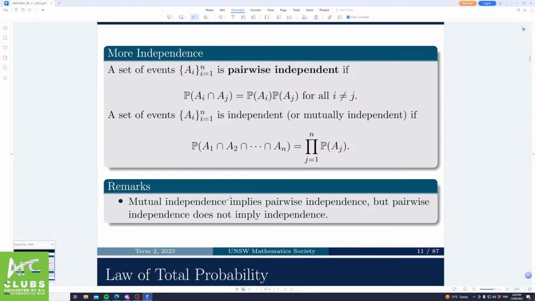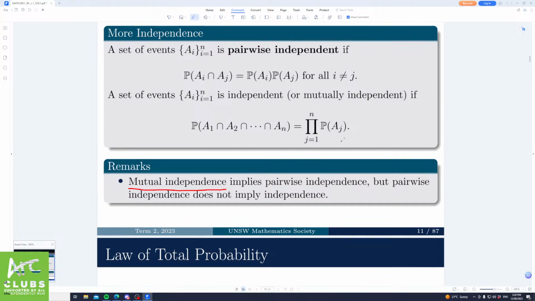So in other words, mutual independence is a stronger property than pairwise independence. But again, I haven't seen many questions require any knowledge about mutual independence or pairwise independence in past exams. So yeah, just roughly know this, but I'm still yet to see this concept applied in a question.